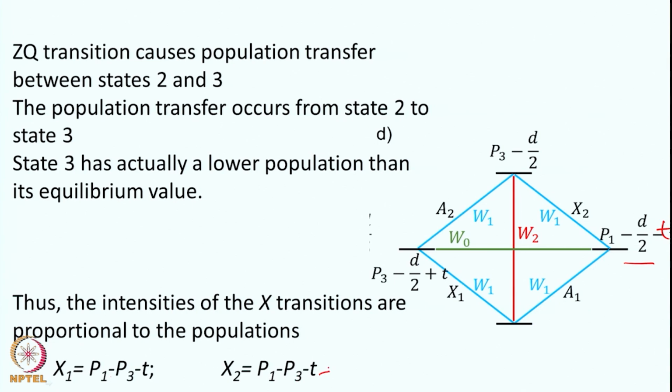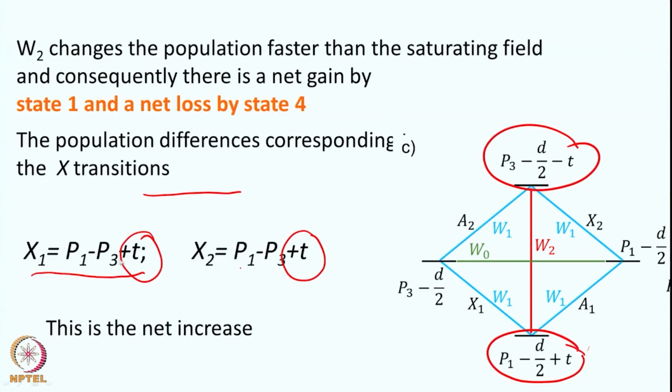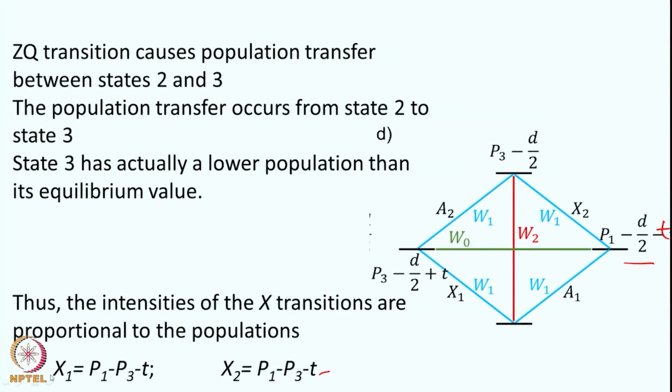If we look at what is happening here, we are gaining some intensity by T because of this, and in this case we are losing some intensity because of the 0 quantum transition. So there is a net gain in intensity and there is a net loss in intensity. NOE is causing two effects: intensity can either increase or decrease. Why is this happening?